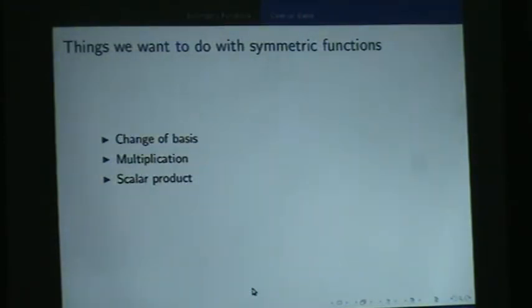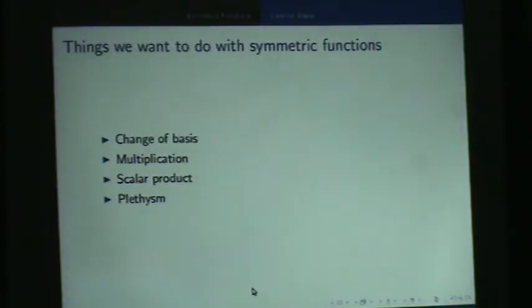Compute these scalar products, or maybe you want to define your own scalar product and specify it by telling what the scalar product between two power sum symmetric functions is. That's a natural way to define a scalar product on the symmetric function algebra. Or plethysms, where you compose one symmetric function with another, is a typical operation you want to carry out. And you can do all of these in Sage.